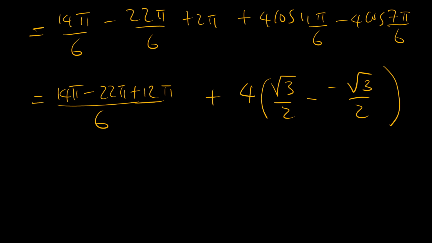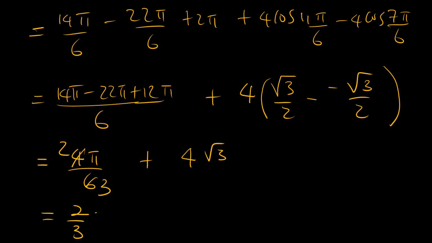Okay, so this becomes negative 8 plus 12 is 4 pi over 6 plus 4 root 3, because this becomes plus, and so we have root 3 over 2 plus root 3 over 2, and this becomes 2 over 3 pi plus 4 root 3.